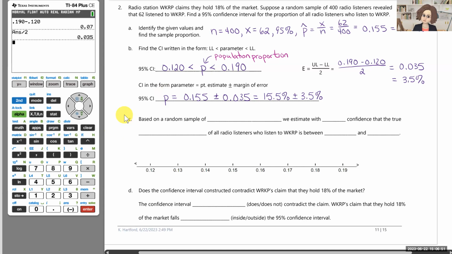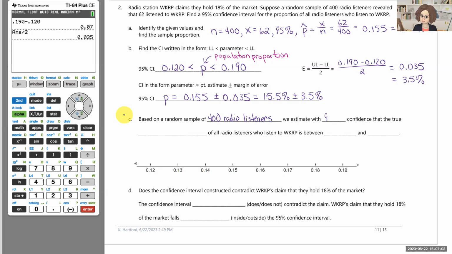So based on a random sample of, this was 400 radio listeners, we estimate with 95% confidence that the true proportion of radio listeners, all radio listeners who listen to WKRP, we believe it's somewhere between, so as a percent, 12.0% and 19.0%.